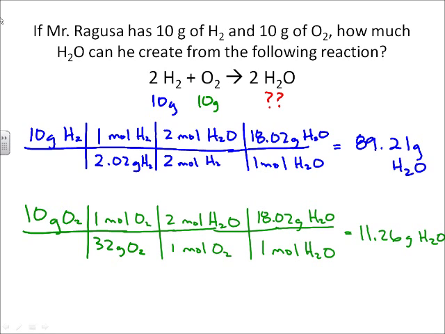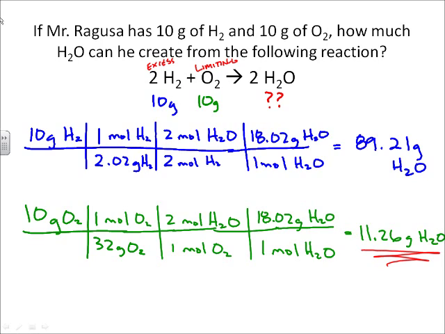What we find out from our reaction here is that our limiting reactant is clearly going to be oxygen. We're going to have a lot of hydrogen left over, so that makes it our excess reactant.